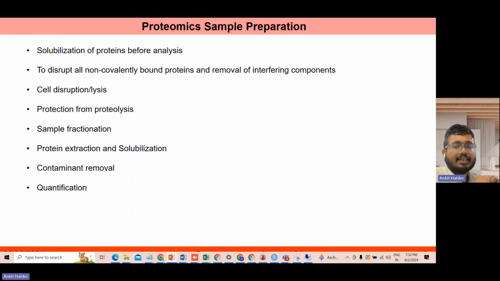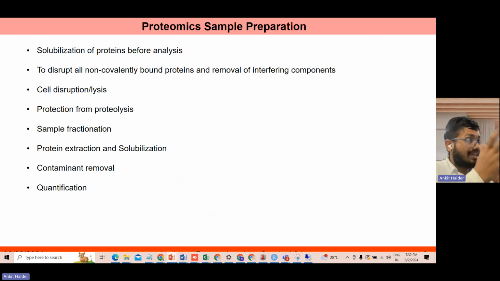Otherwise, we won't get a fair quantification if we do not solubilize our protein. As I will show you, one method you have already gone through is 280 nanometer direct estimation, but that is more amino acid dependent, like on tryptophan and tyrosine, as we have already discussed in the previous week.